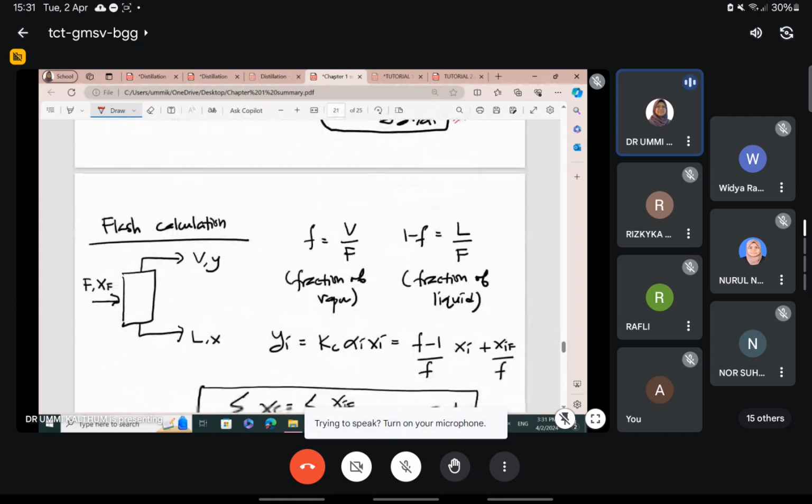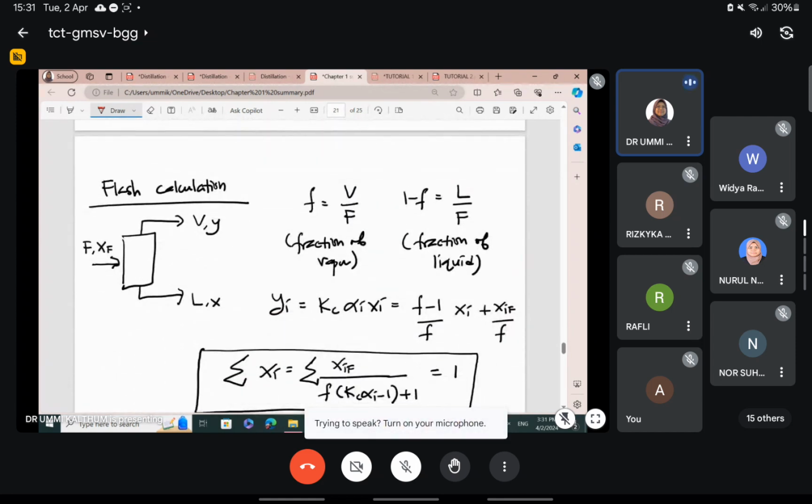Alright, untuk flash punya temperature, flash calculation, so first you have to find the value of f. Okay, f is a fraction of vapor. 1 minus f is a fraction of liquid.